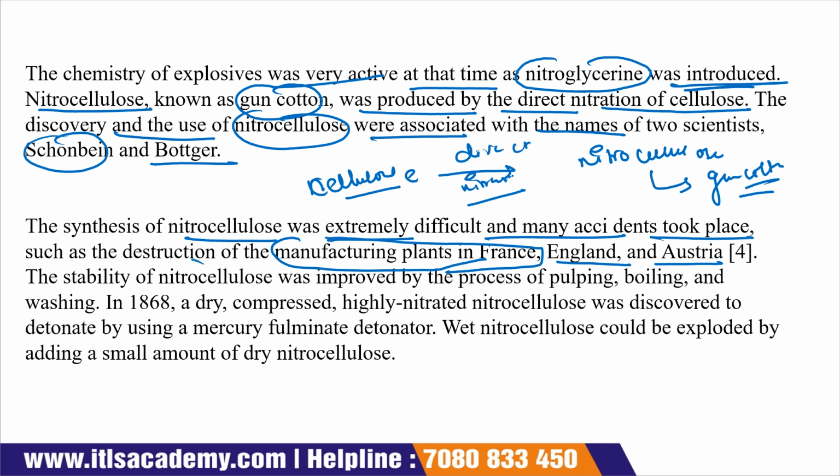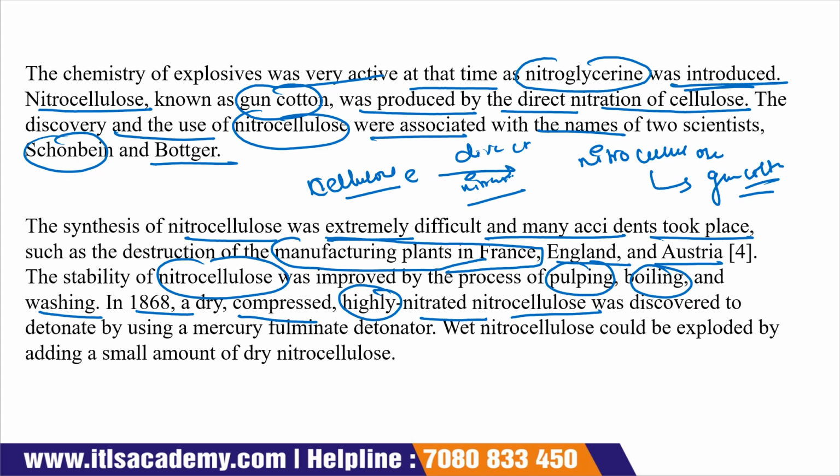The stability of nitrocellulose was improved by different processes called pulping, boiling and washing.